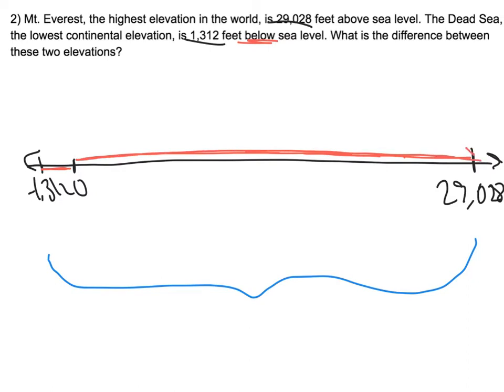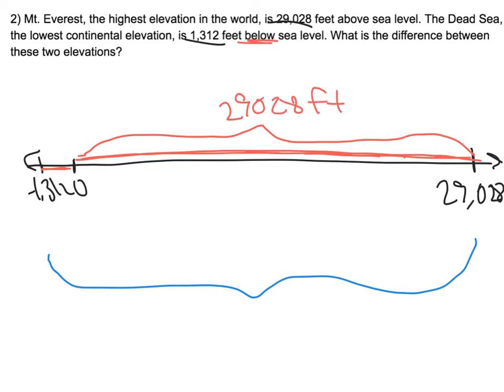So we know this distance up top that I've designated from 0 to 29,028 is, of course, 29,028 feet. And this distance down here, sorry, that should be an absolute value problem because we're looking for how far away we are from 0. Doesn't have to be positive or negative. So let me go ahead and erase that really quick. And we're going to make sure that that's written as a positive number, 1,312.